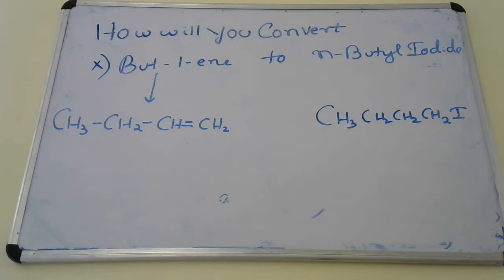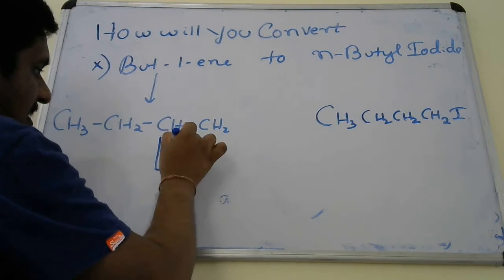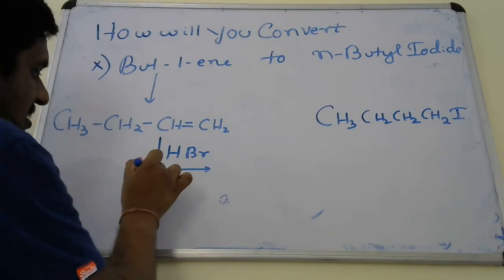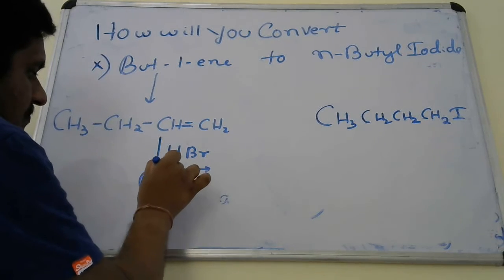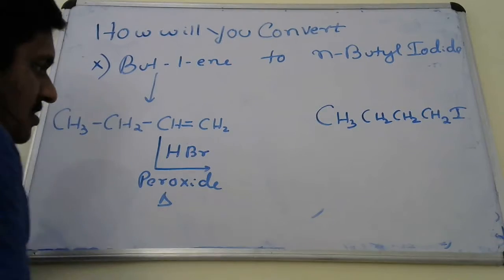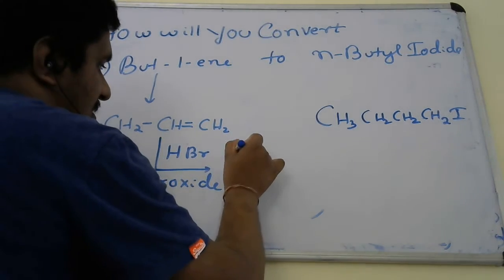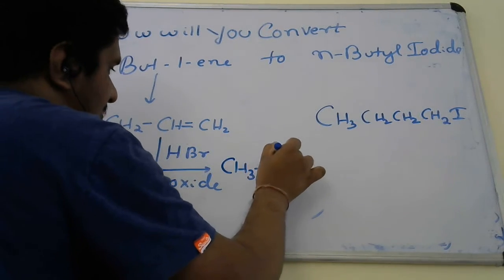Very simple. First step is you treat with HBr, peroxide and heat. Any double bond treated with HBr in presence of peroxide, that is called anti-Markovnikov addition. So what is anti-Markovnikov addition?